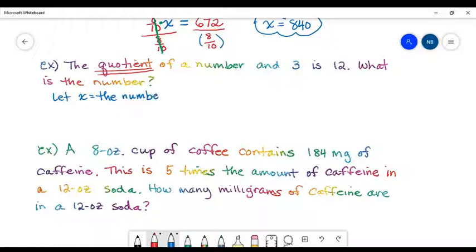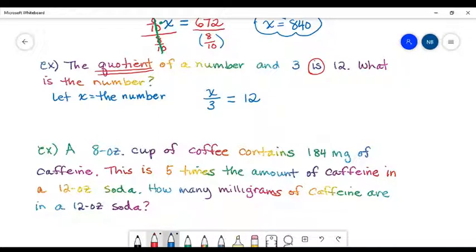What is the number? X is the number. The quotient of the number and 3. That means build a fraction out of x and 3. So x over 3. Is means equals. So we know that x over 3 is equal to 12.